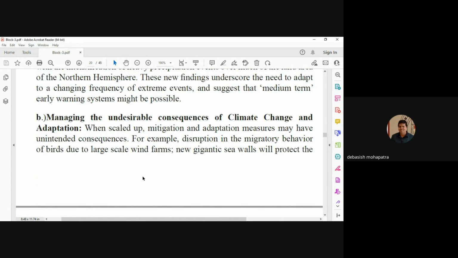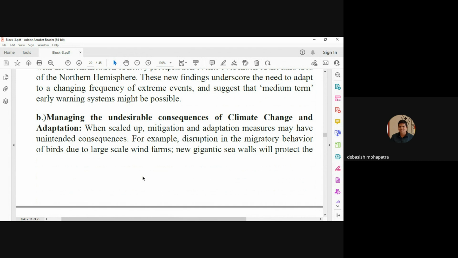Managing the undesirable consequences of climate change adaptation. When scaling up, mitigation and adaptation measures may have unintended consequences. For example, disruption in the migratory behavior of birds due to large-scale wind farms.